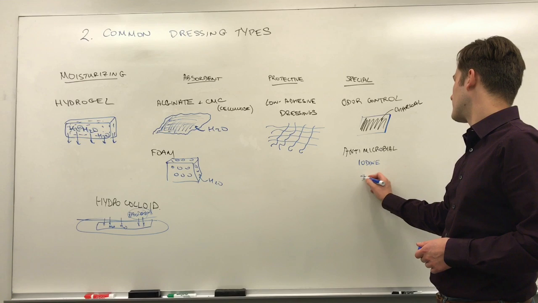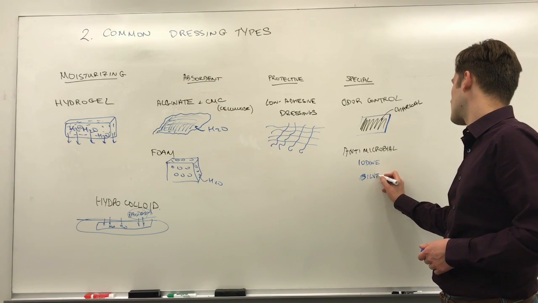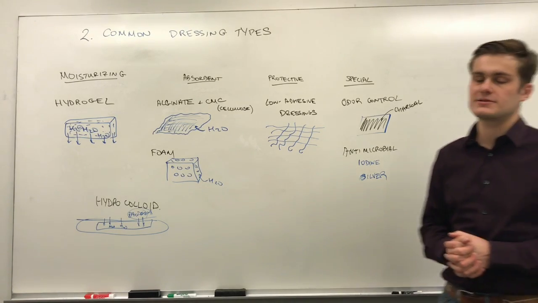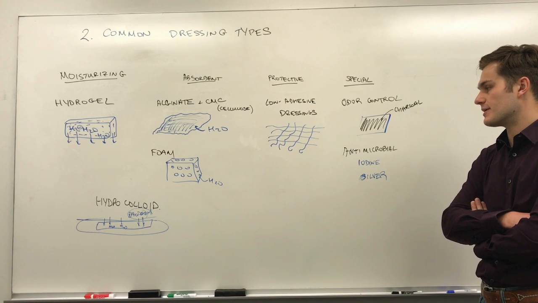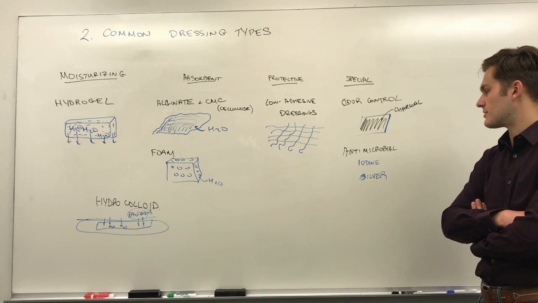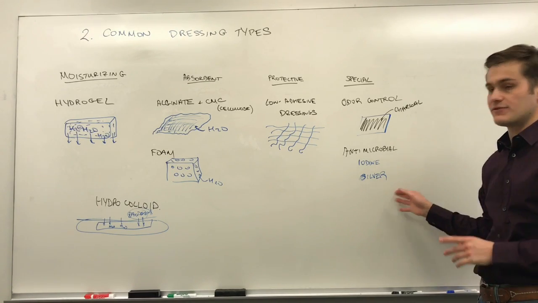And also silver. And as research goes, essentially these are pretty controversial of whether they help or not. But these are dressings that are available if you have an infected wound.